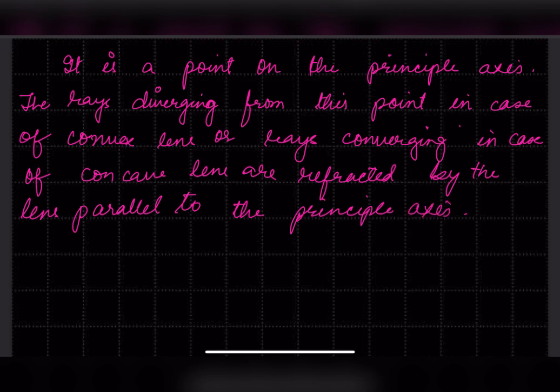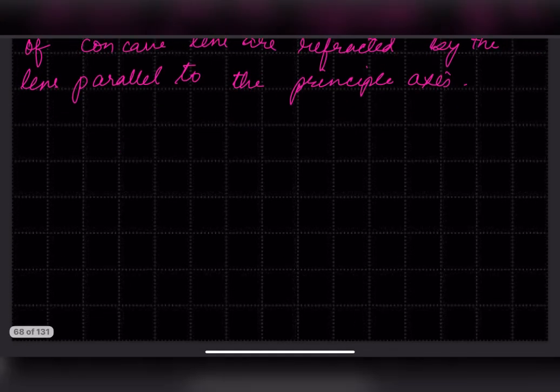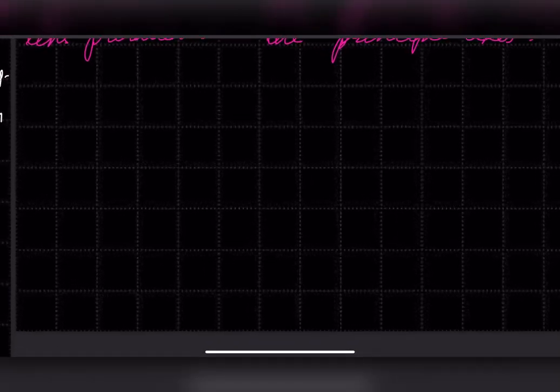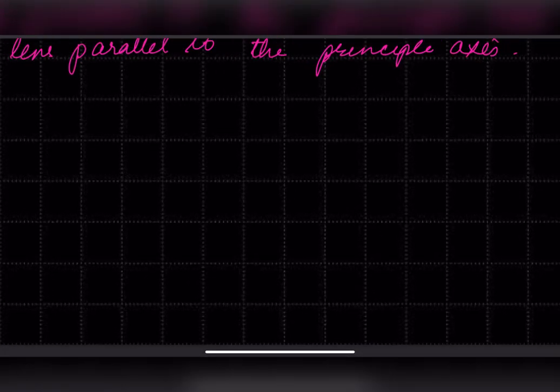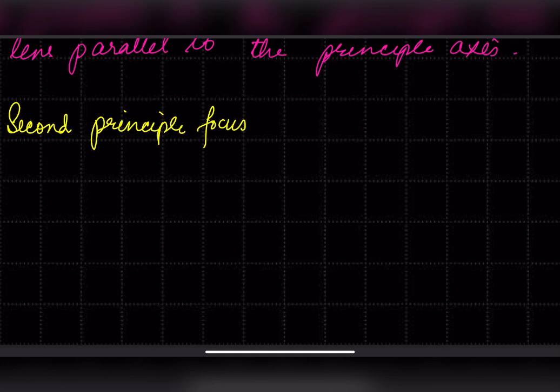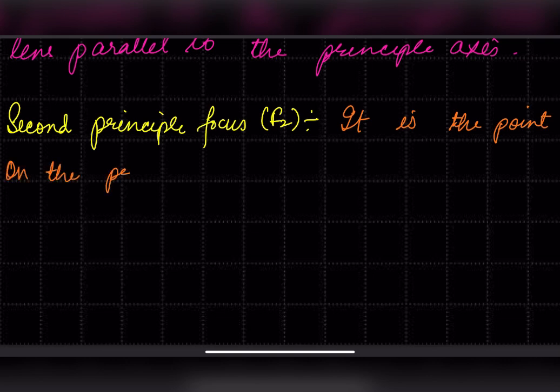Got the thing? Let's go with the next point we have, second principal focus. It's the opposite of the first one. It is the point on the principal axis.